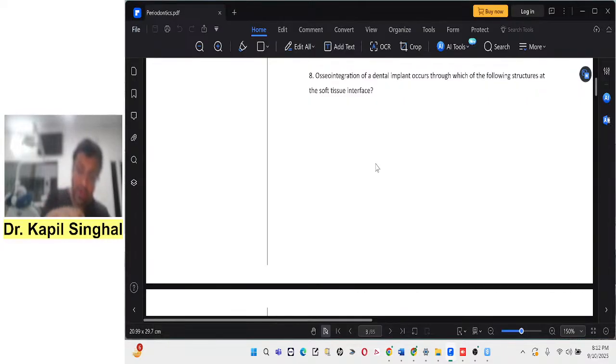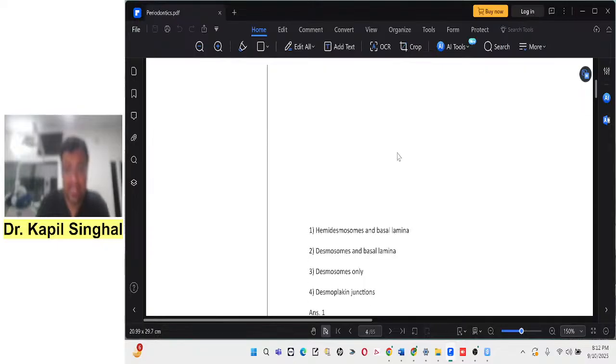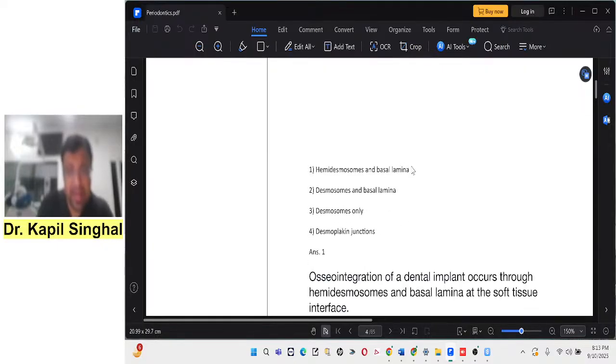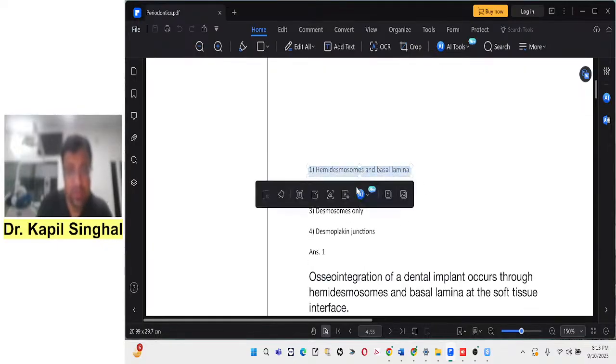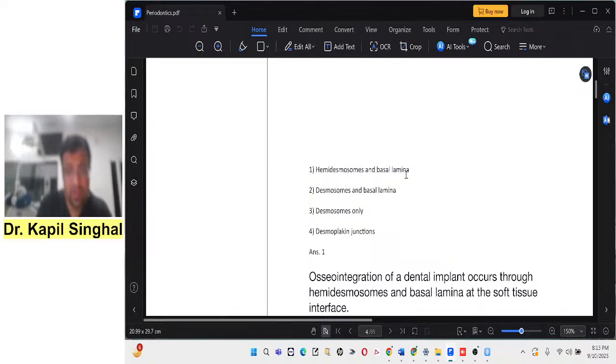That soft tissue also attaches, or there is an interface between that soft tissue and the implant. That interface is connected through two structures, that is basal lamina and hemidesmosomes. So please remember the answer here would be basal lamina and hemidesmosomes.